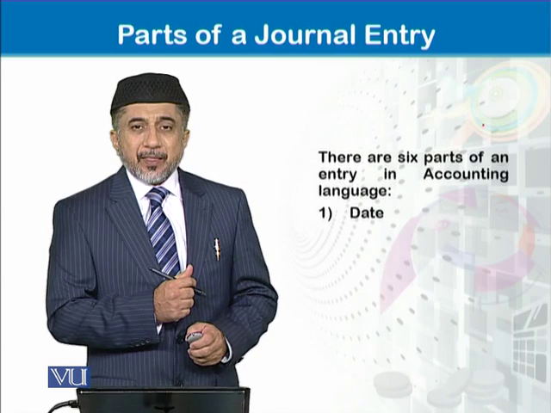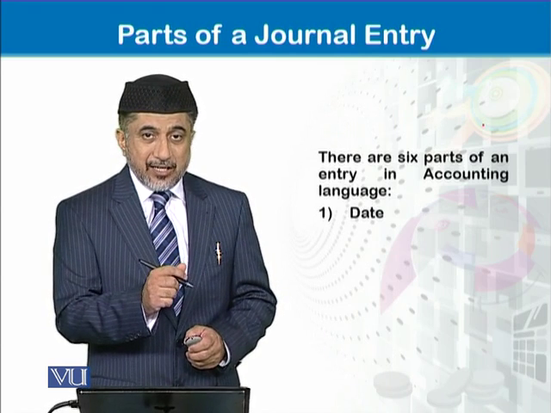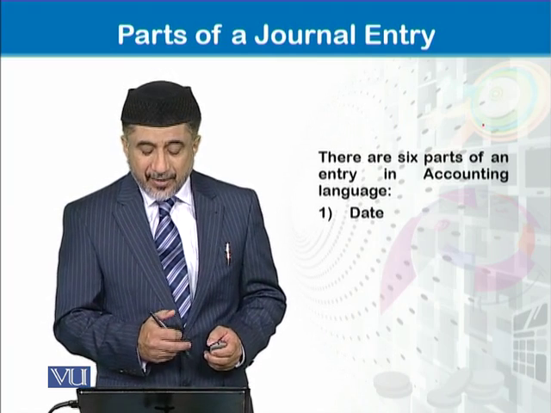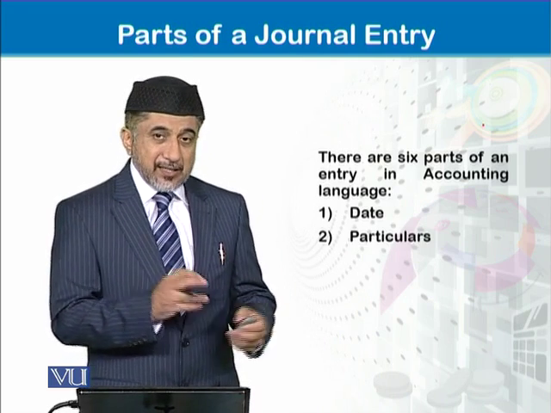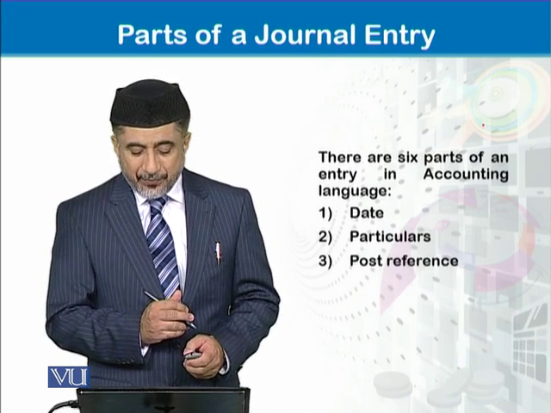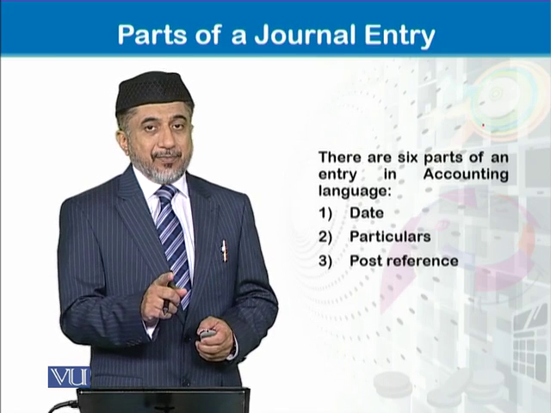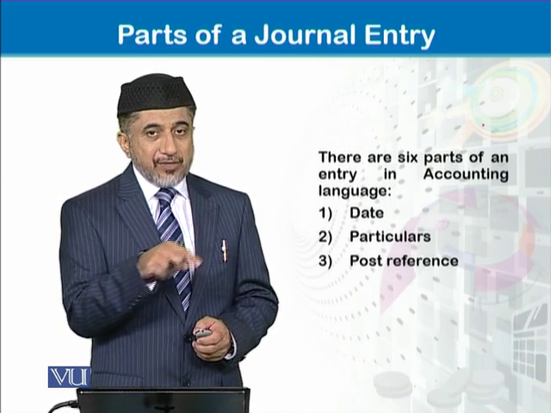Its first part is date. We have to mention the date on which we are recognizing this transaction. Then comes particulars. What are the details? What is the description of this journal entry? Then post reference, where this will go in the ledger. If you remember, there is a journal as well as a ledger.